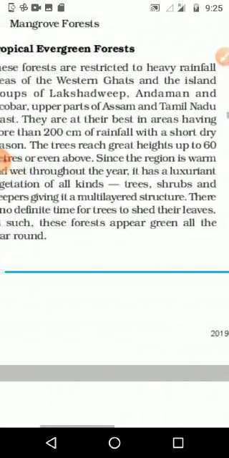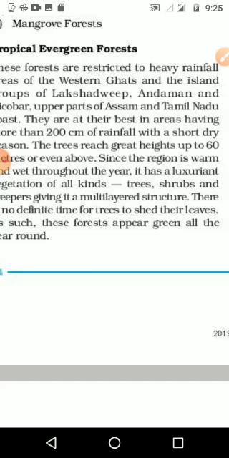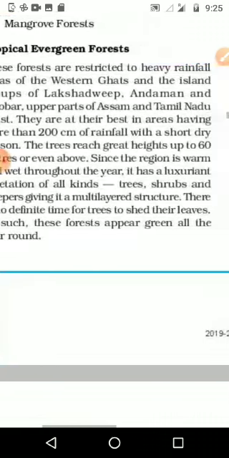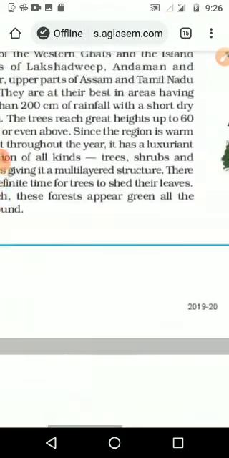One type of tree may shed its leaves in the rainy season, another during the retreating monsoon, and some other types at the start of the summer season. According to the type, the shedding of leaves is different. As such, these forests appear green all year round. That's why we see this evergreen forest as full-time green, because the leaves are not shed at a single time.